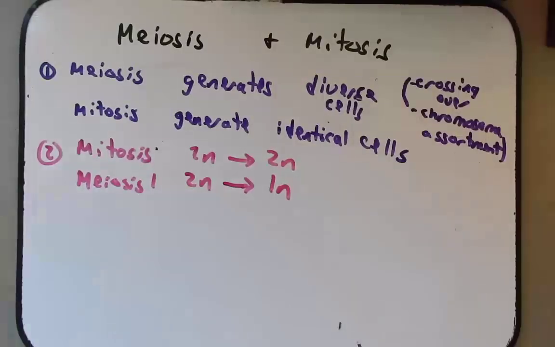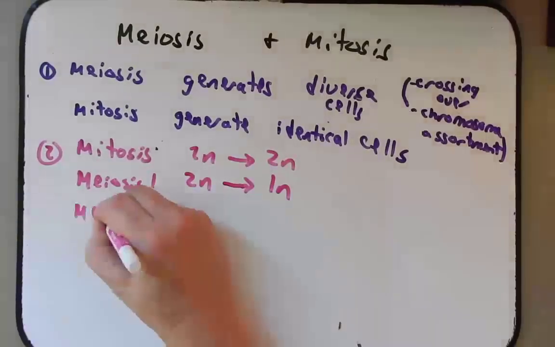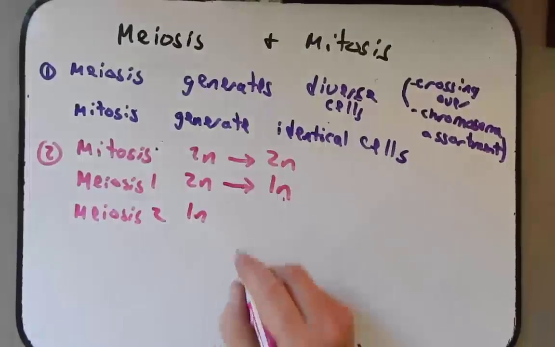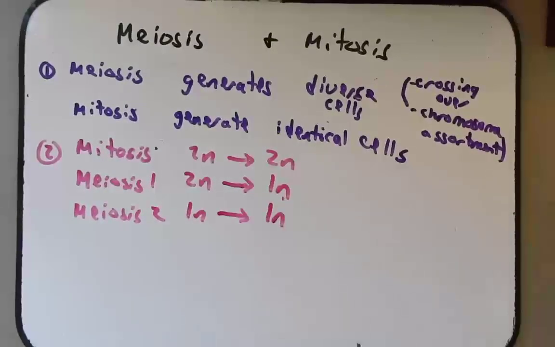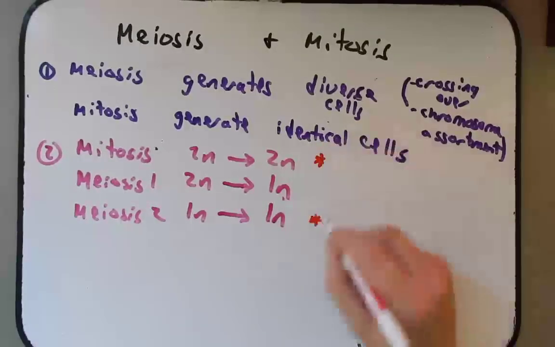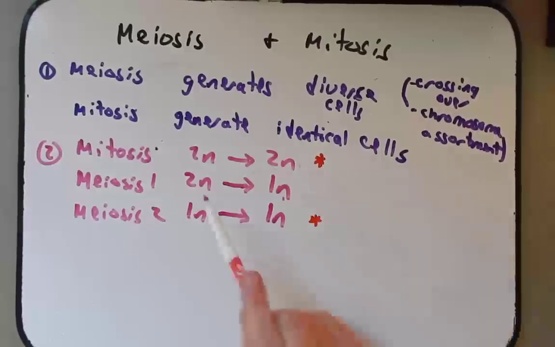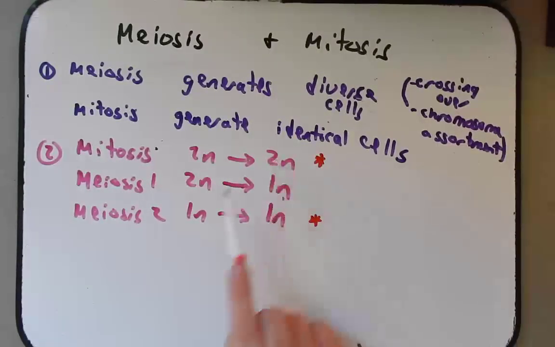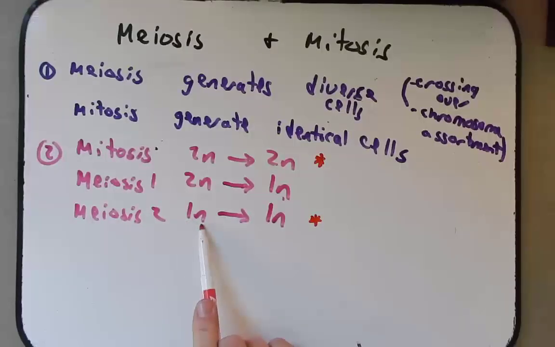The other homolog is in another cell. Meiosis 2 takes both of those 1N cells and makes 1N cells. In this way, mitosis and meiosis 2 are more similar, because you go from the same ploidy to the same ploidy. Meiosis 2 goes from haploid to haploid cells.